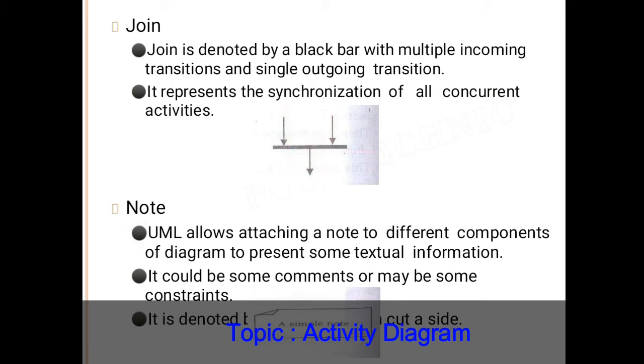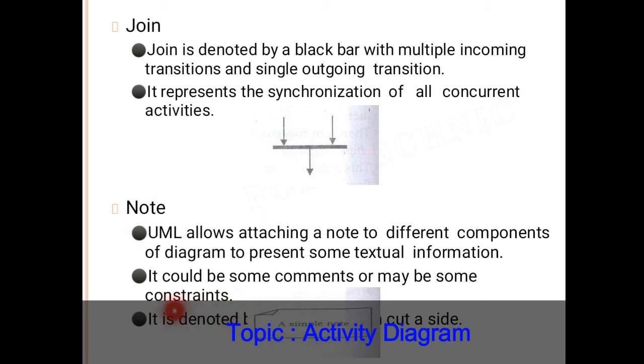Okay. Then note. Whenever we have to write a note for any part of the system, we use this type of symbol, known as a rectangle with a cut side.